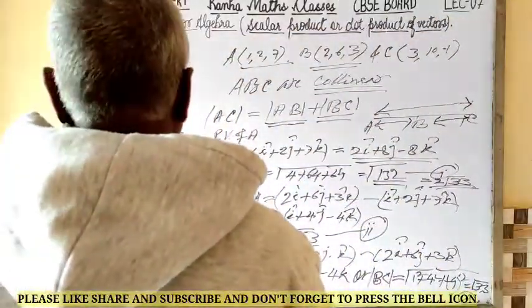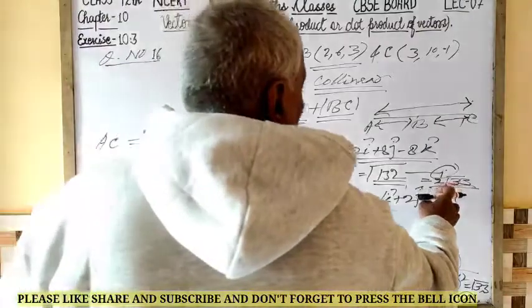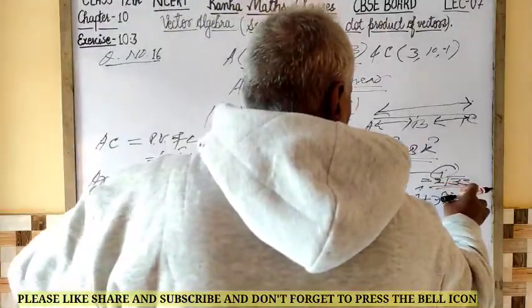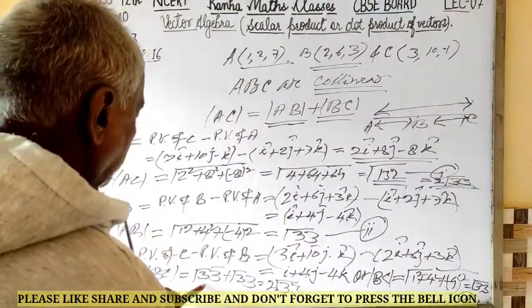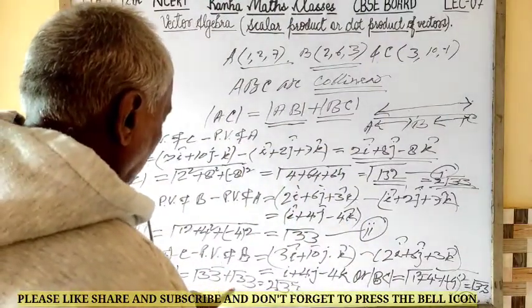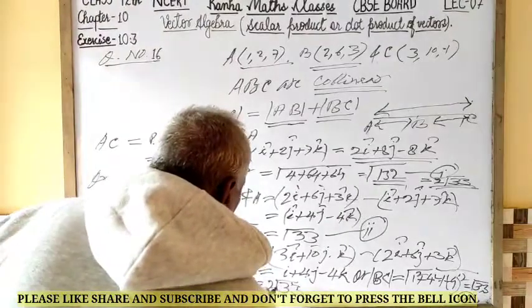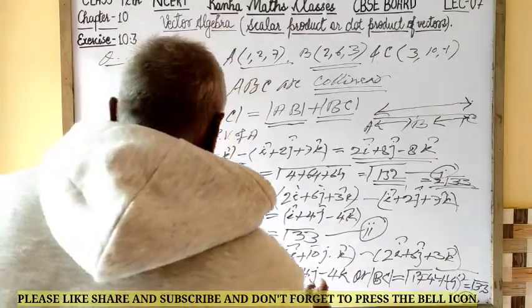This is quite obvious that mod of AC, that is 2 root 33, is equal to mod of AB plus mod of BC, which is root 33 plus root 33, equal to 2 root 33.